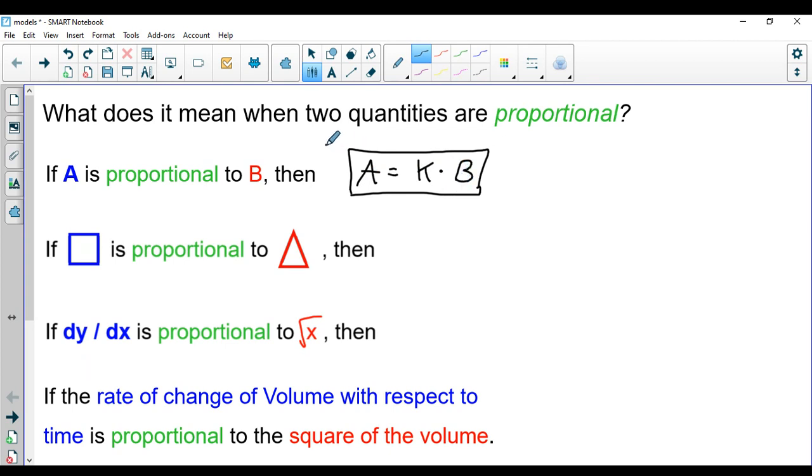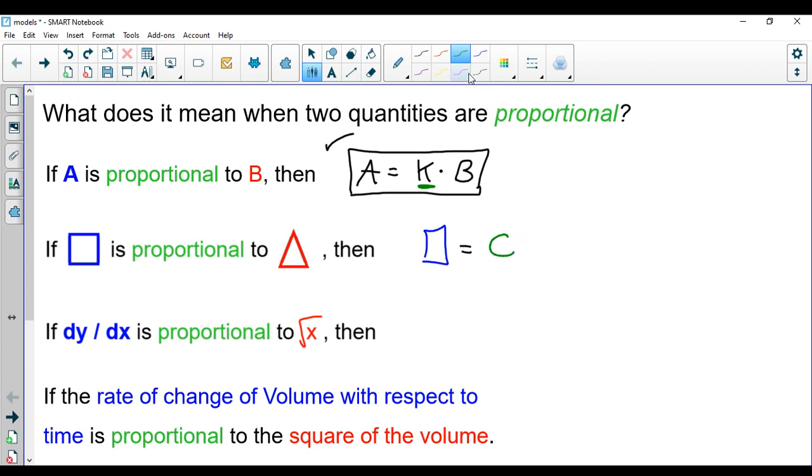All right. So this concept is huge in translating certain word problems. So let's just kind of drive this home before we move on. So what if you had blue square is proportional to red triangle? What would that mean? Well, that would mean that you can write blue square is going to equal some proportionality constant, which I use this K here, but you can really use anything.